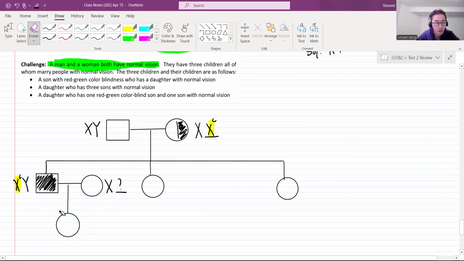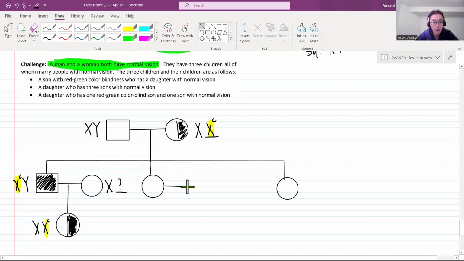But the daughter will definitely be getting an XC from the dad, and then the normal X from the mom. She's going to be a carrier, even though she has normal vision, right? The XC is from the dad. We have no information to figure out what the other genotype is, so we just have to leave it like that.